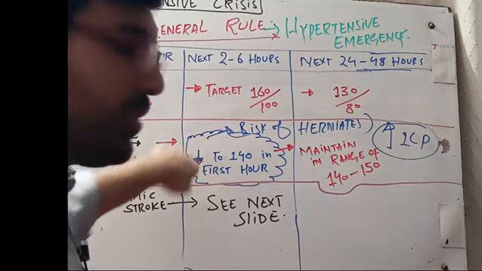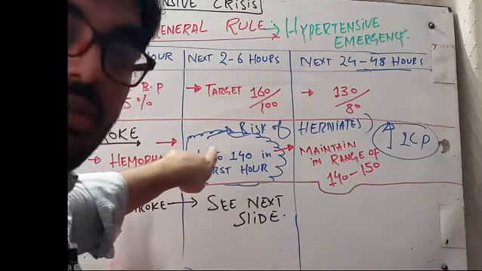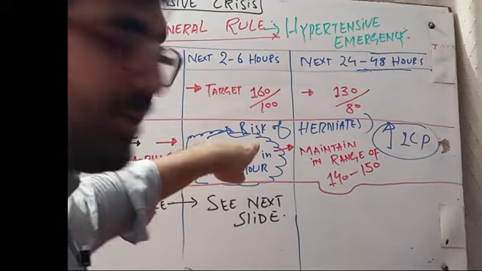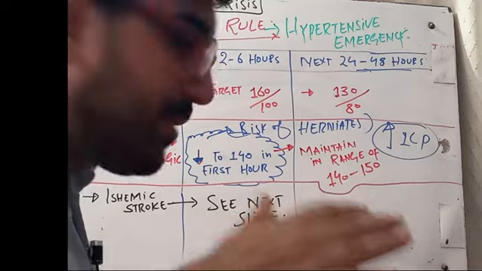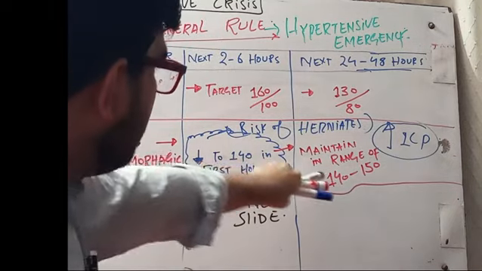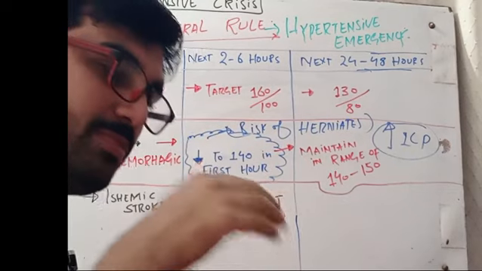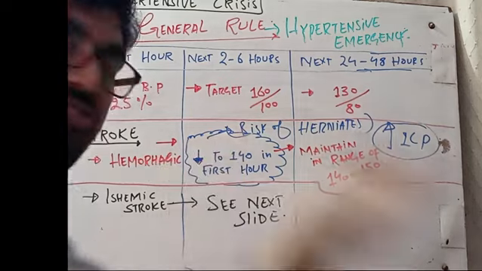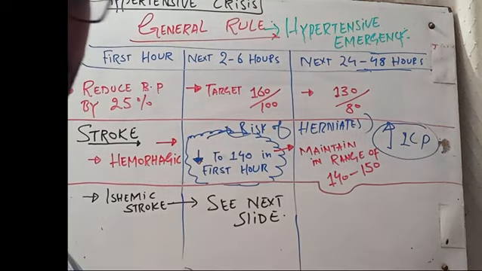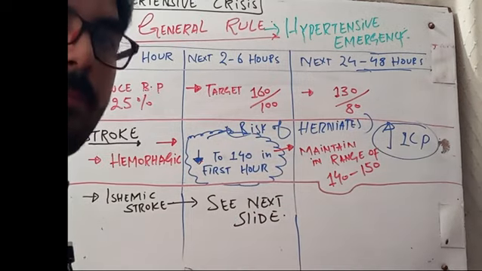So the target should be 140, but it should not be decreased more than 140. Keep it in the range of 140 to 150. Why? Because if we are decreasing the BP from 140, we are inducing an ischemic stroke along with the hemorrhagic stroke.